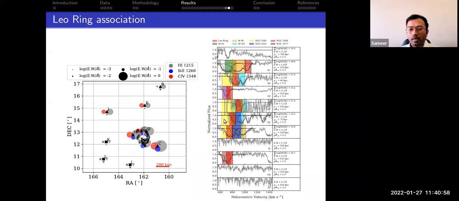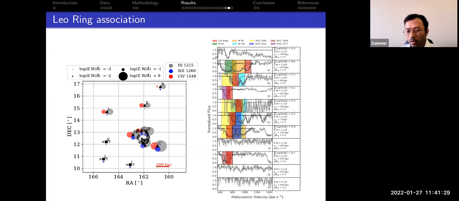Yeah. So this is a plot which summarizes that association, and as you have alluded to, it is quite complex because some of these components in kinematic velocity space could either be from the galaxy or from the Leo ring. The window width plotted here accounts for all the gas that could be within the escape velocity of the galaxy.